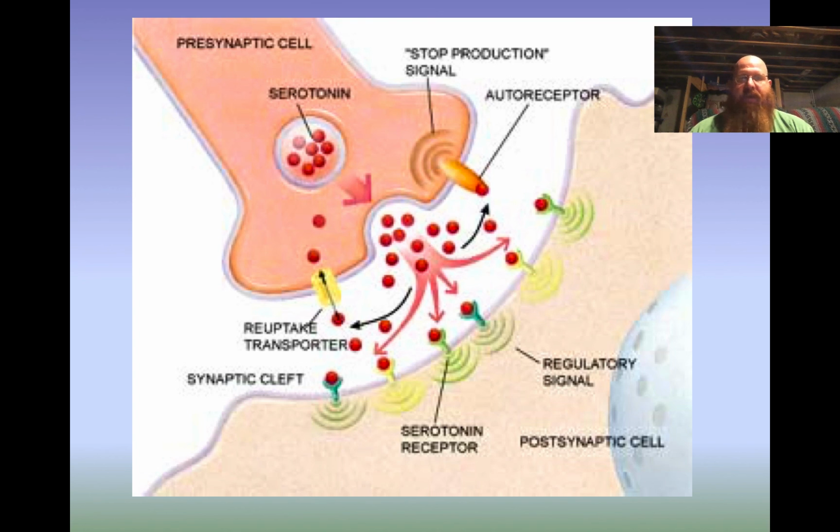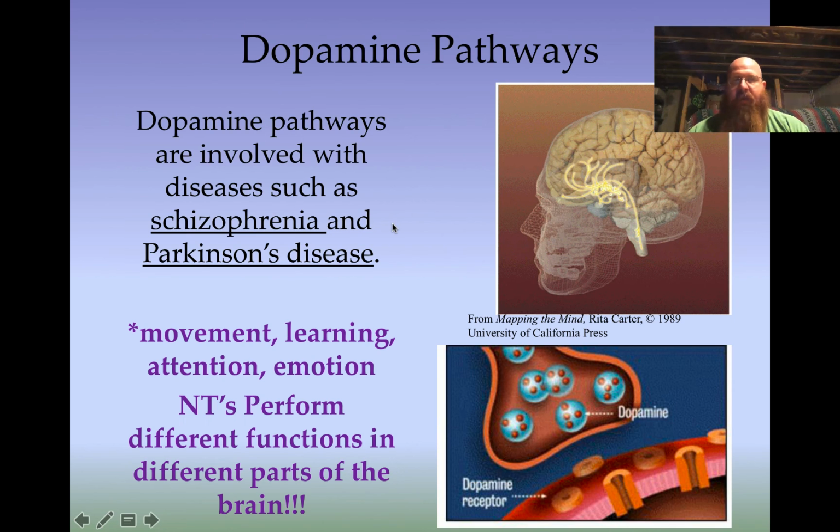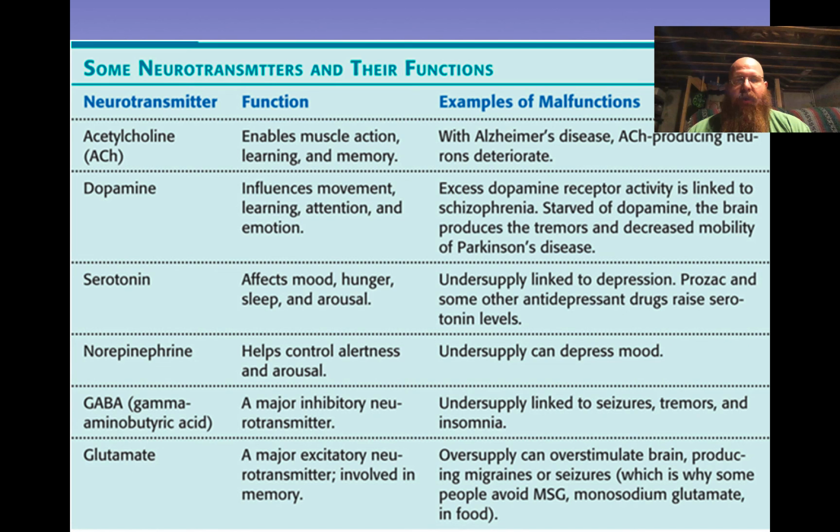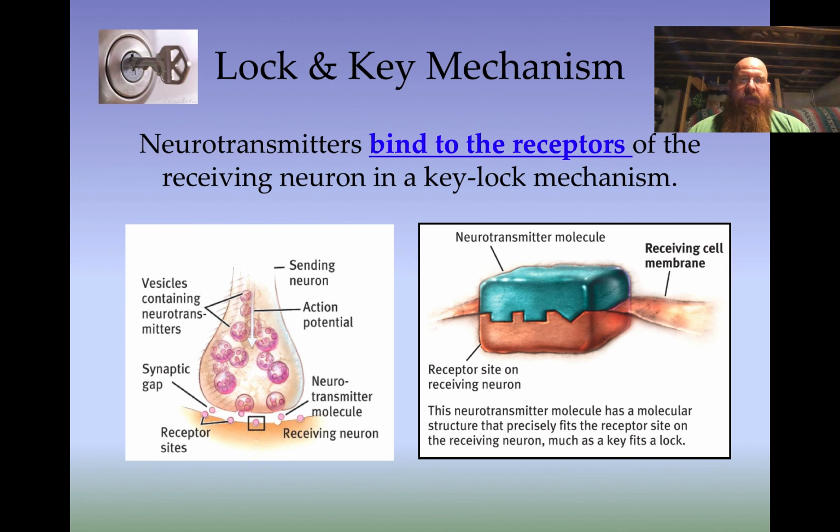We've talked about that. Here's another example of how you've got different receptors for the different neurotransmitters. We already talked about dopamine. Here's that same chart. This is a very useful chart, and if you haven't seen it, you probably should.